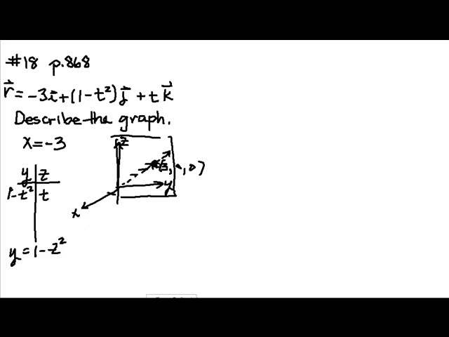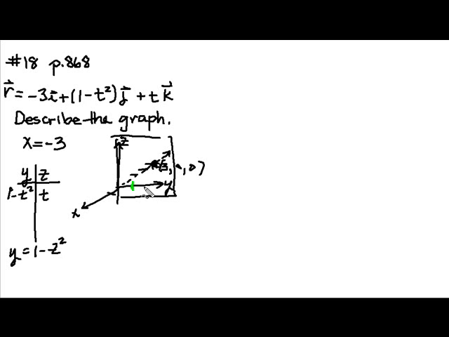Okay, so for example, if z was equal to 0, y would be equal to 1. So we have the point here, which in the yz plane would just be the point 1, 0.